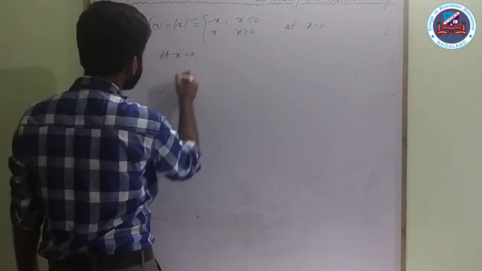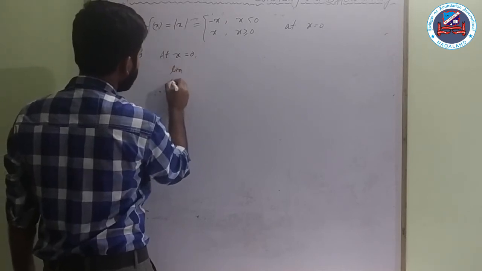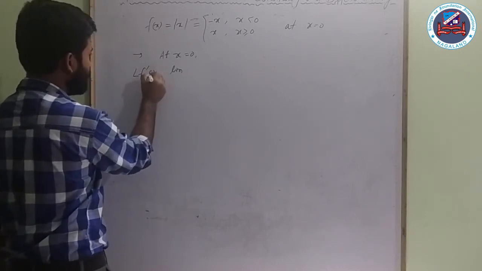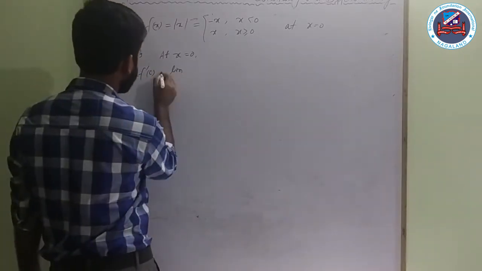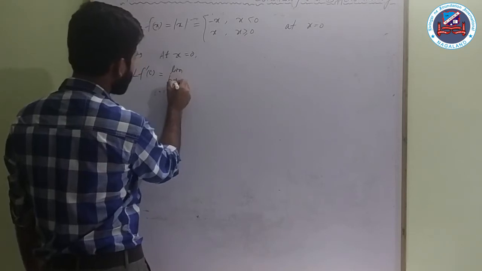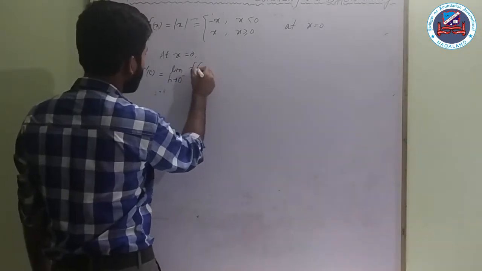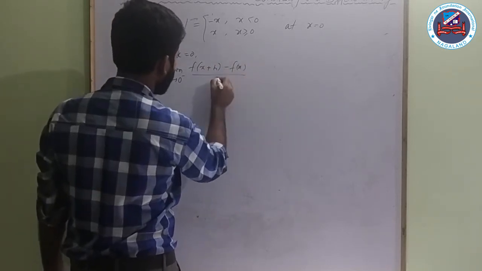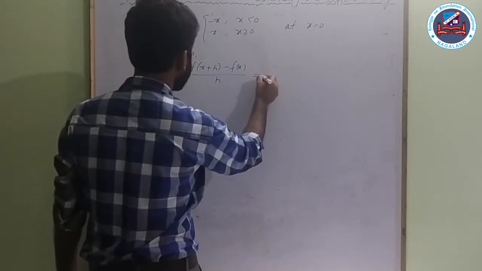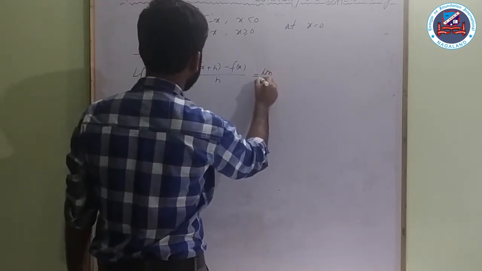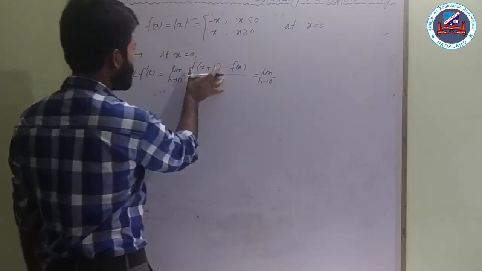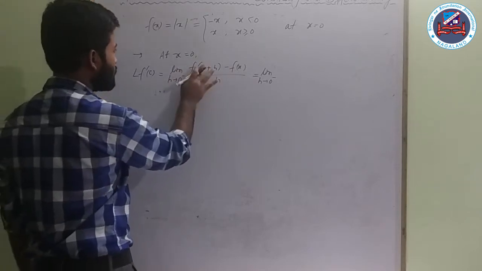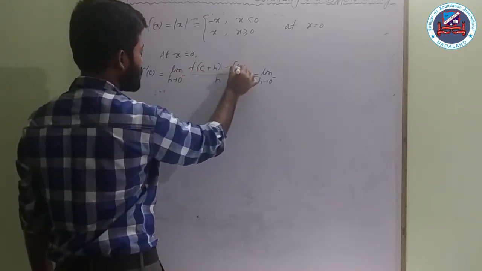So at x equal to 0, this is our Lf dash, because we write it as the left hand derivative at the point C. This is given by limit h tends to 0 negative of f of C plus h minus f of C, divided by h, from the definition.